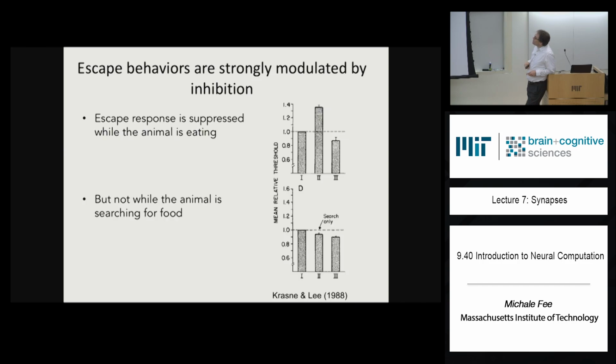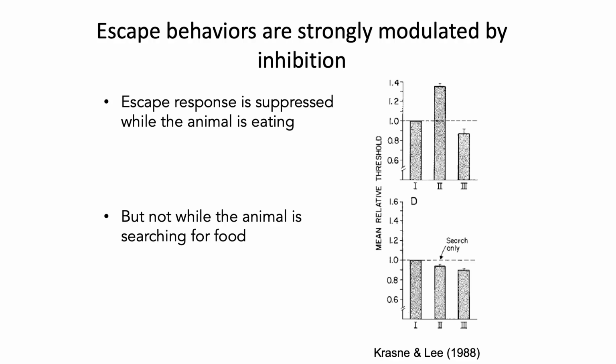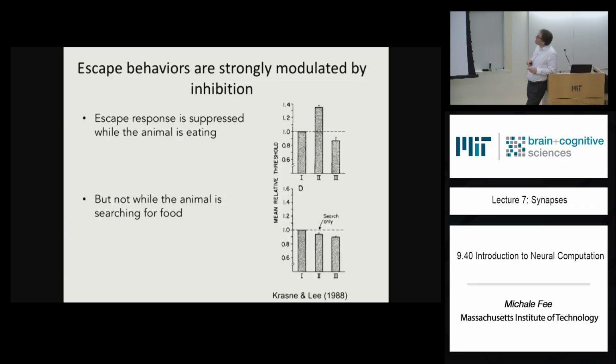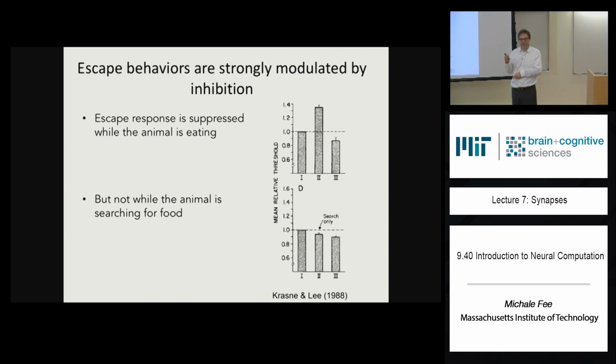Okay, another interesting modulation is that the LG escape response is suppressed while the animal is eating. This is threshold. This is how much you have to poke him in the nose or in the tail for him to escape when he's just wandering around. But then while he's eating, he's getting food, and so the threshold for eliciting that escape reflex goes up. He's like, sorry, I'm eating.